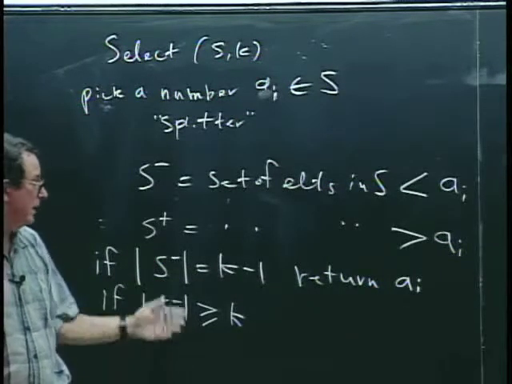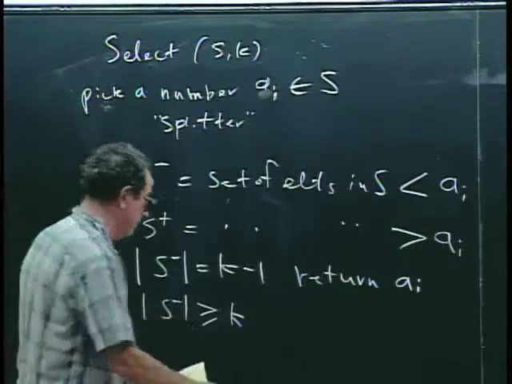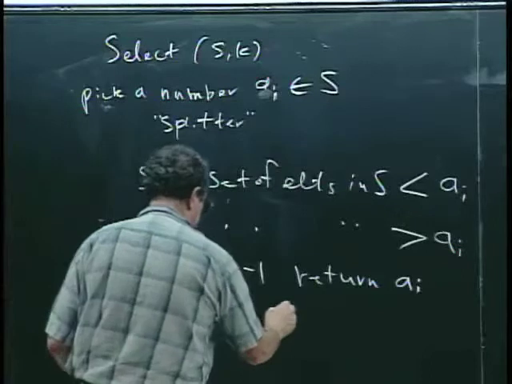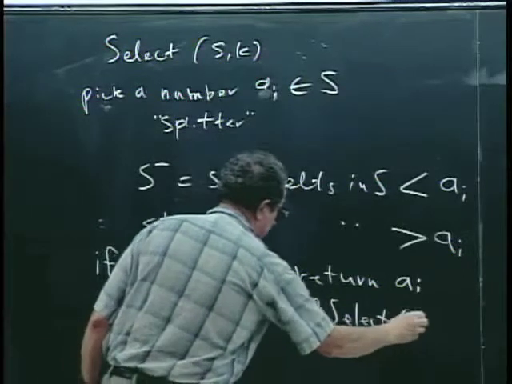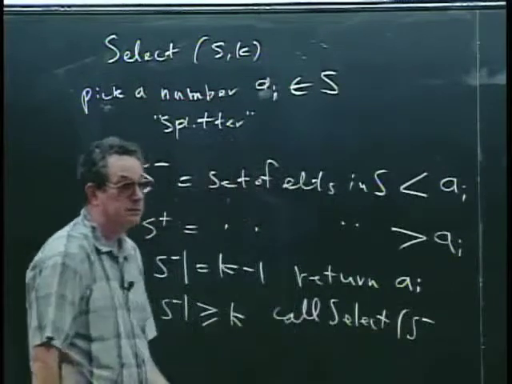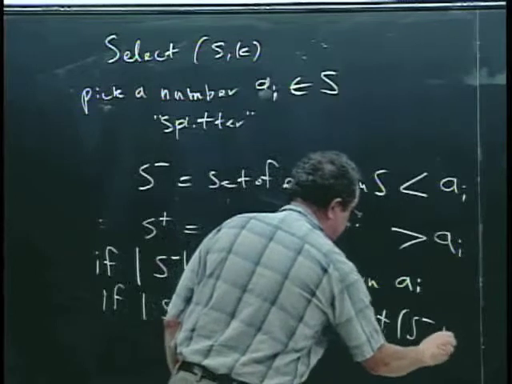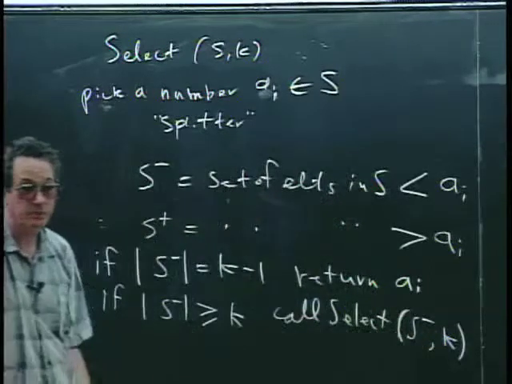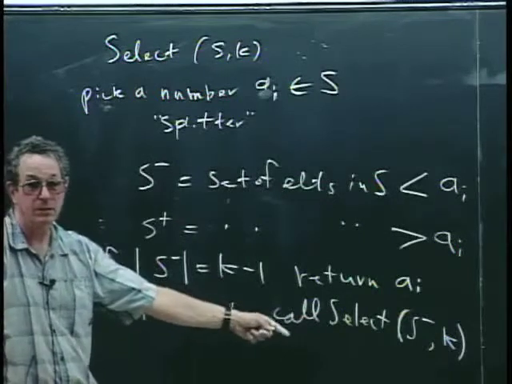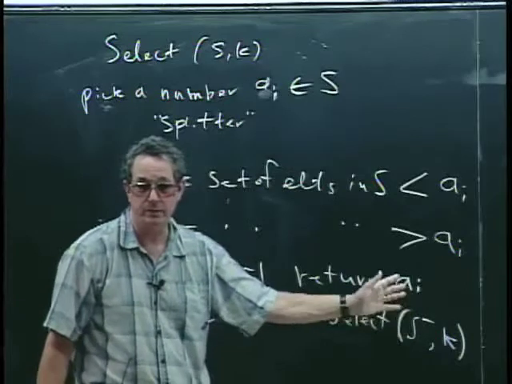Is it in S plus? No, it's got to be in S minus. So in that case, we call select on S minus, the set we know it's in. And we're still looking for the kth smallest. This is a recursive call to select, but the set we're giving it is smaller, so we're making some progress.